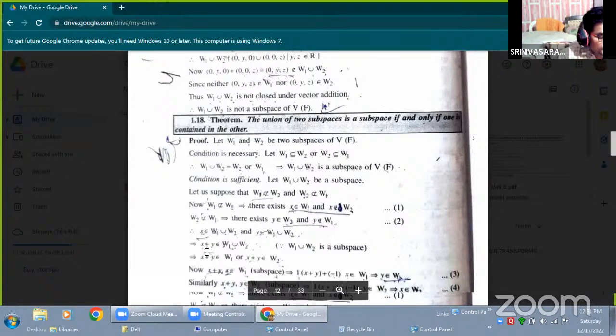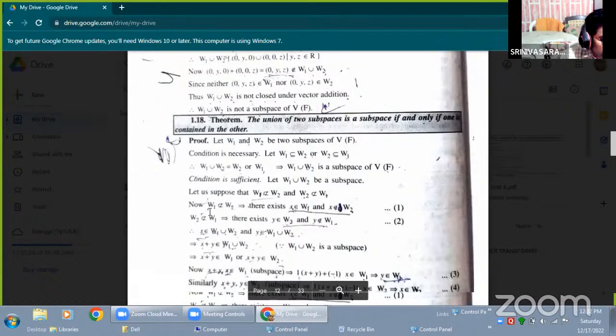Now, the sufficient part. Let W1 union W2 be a subspace. Let us suppose that W1 is not contained in W2, and W2 is not contained in W1. W1 not contained in W2 means there is at least one element in W1 that is not in W2.